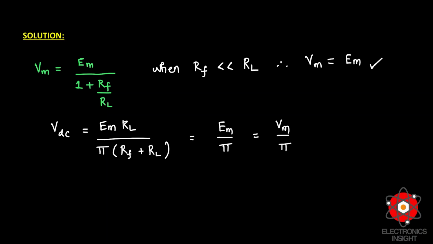So VM, which is what we need, is equal to pi into VDC. Pi is 3.14 and VDC is given in the problem as 2 volts. So 3.14 into 2 volts gives approximately 6.28 volts. With this we can sketch the input waveform.